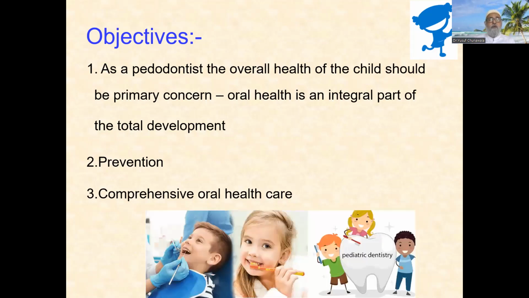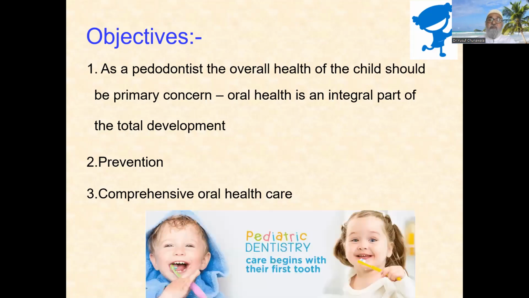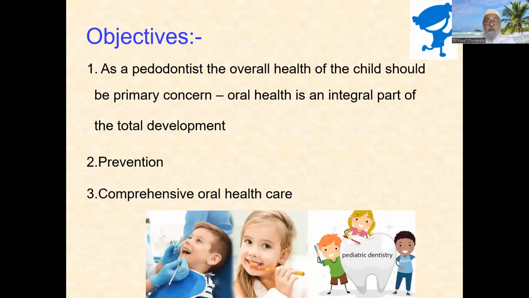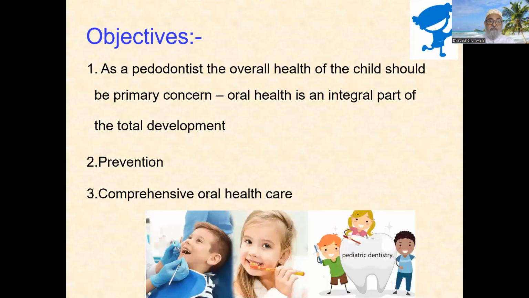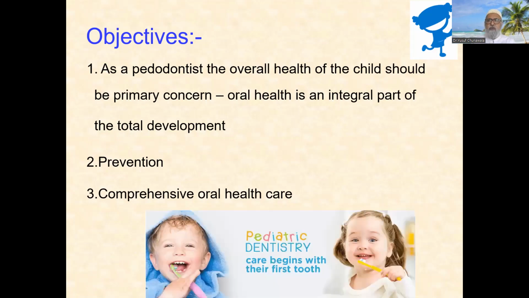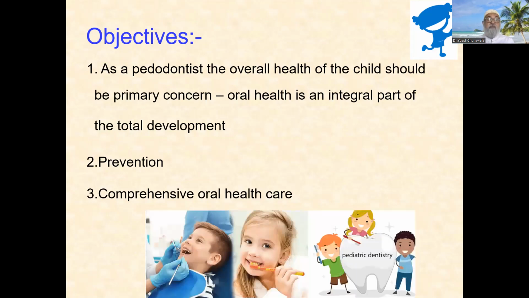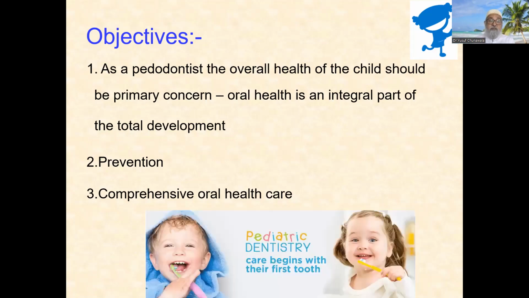Then the second most important objective is prevention. There is an age-old saying, prevention is better than cure. In children's dentistry, I'm telling you, it is not so easy to treat a child. There are a variety of factors, a variety of children coming to you, and most of the time it can be really difficult to do the major treatments.